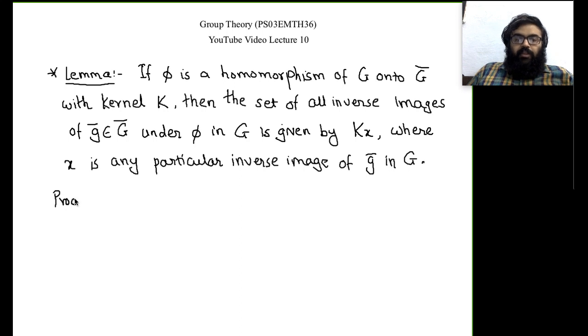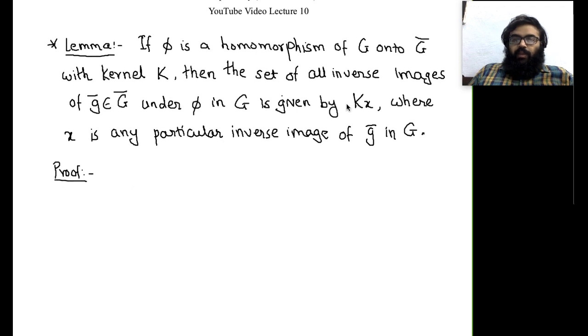So now let us complete the proof of this. We have to show that any inverse image of G bar is nothing but Kx. First of all, we show that all the elements of Kx are inverse images of G bar, and if there is any inverse image of G bar, it is in Kx. Two things. First, all the elements of Kx are inverse images of G bar.